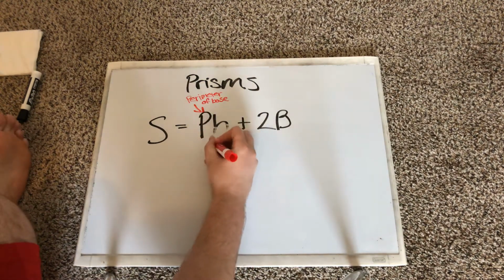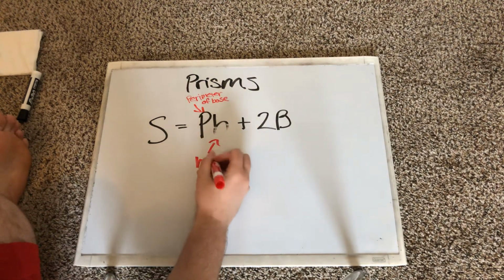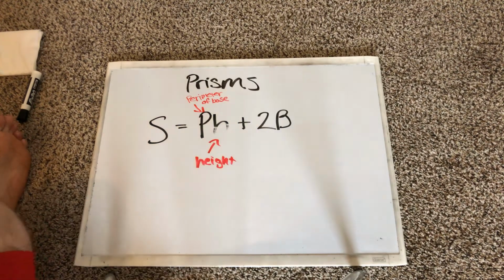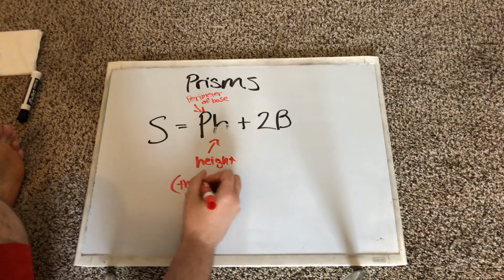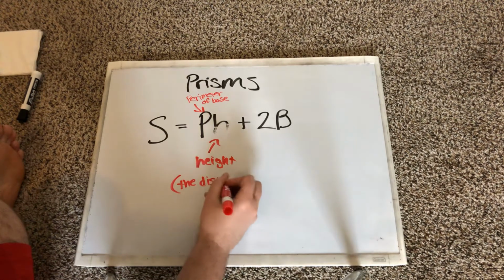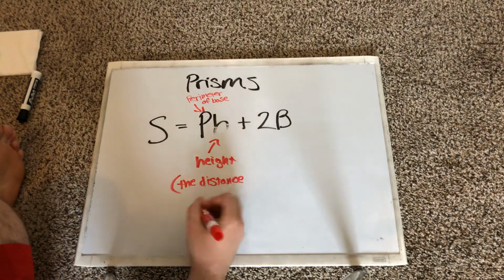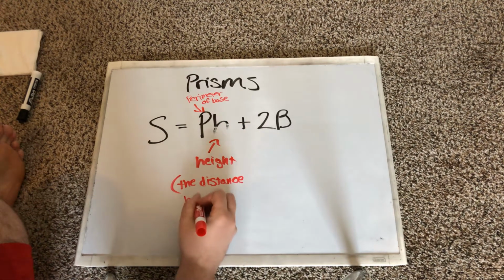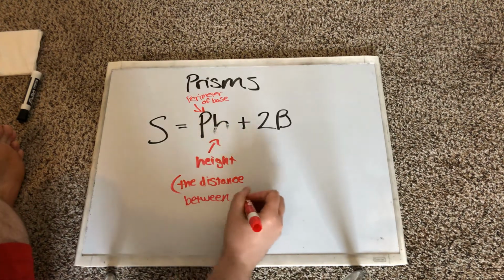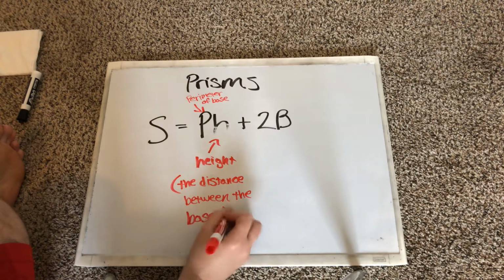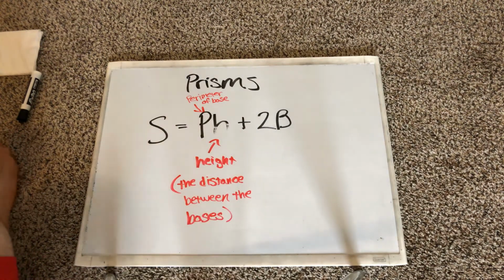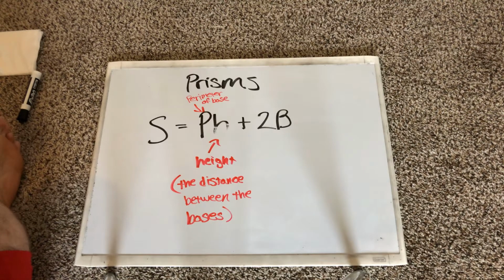This H is known as the height, but not the height of the base. Think about it as the distance between the bases. Technically it's the height of the prism, but it's really the distance between the two bases.